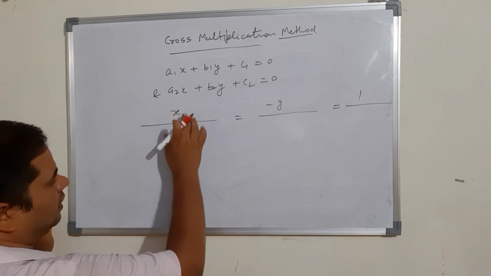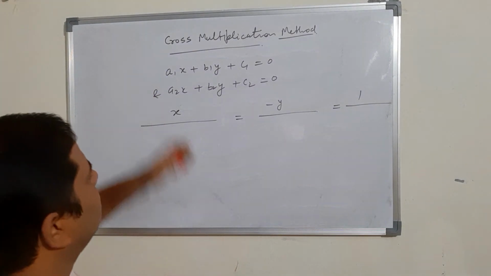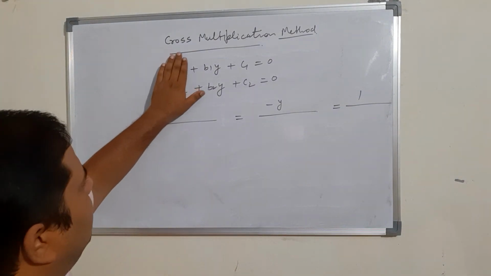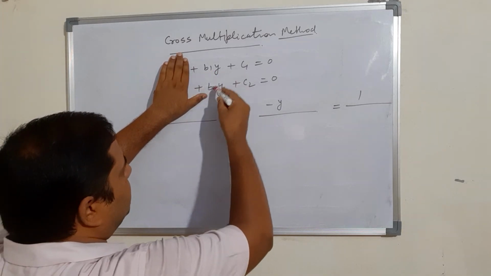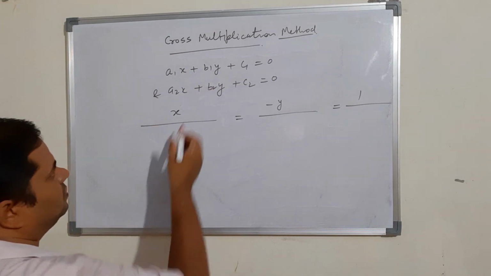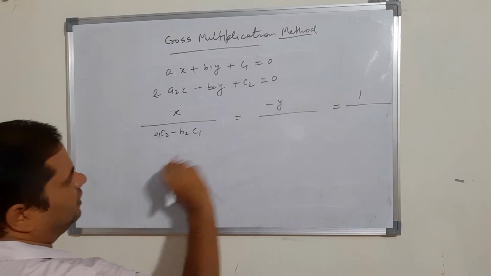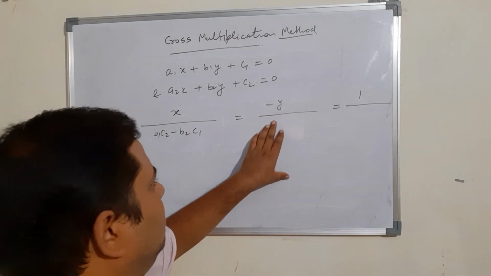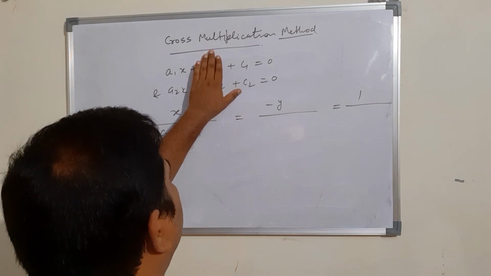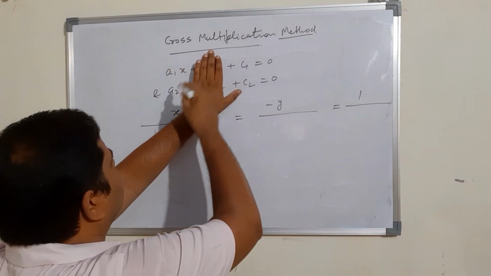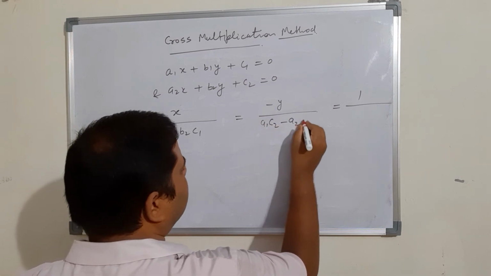When we write the denominator of x upon, we keep the x term invisible, then multiply in the same direction b1 c2 and b2 c1, so b1 c2 minus b2 c1. For the denominator of the second fraction, we keep the second term invisible and write in the same direction a1 c2 minus a2 c1.